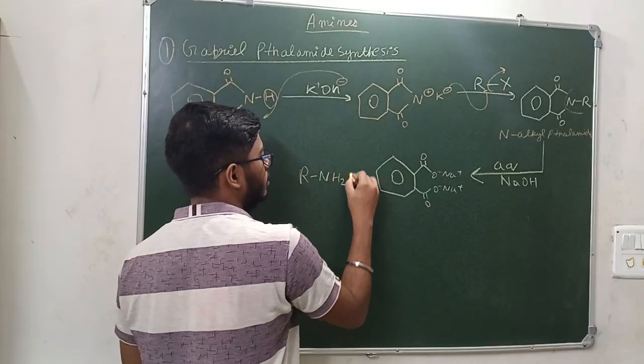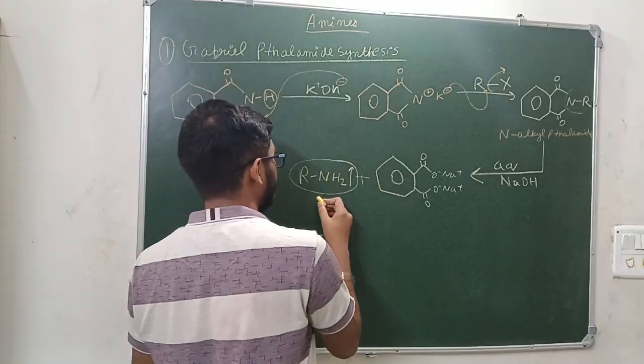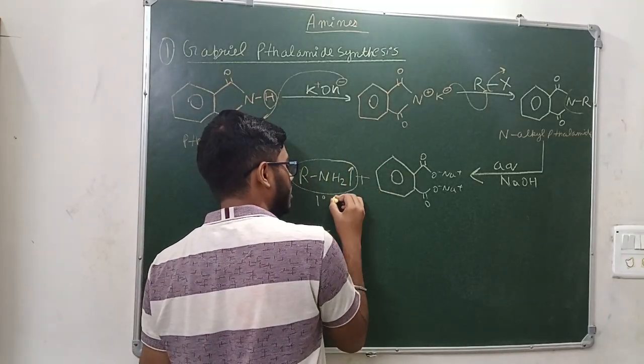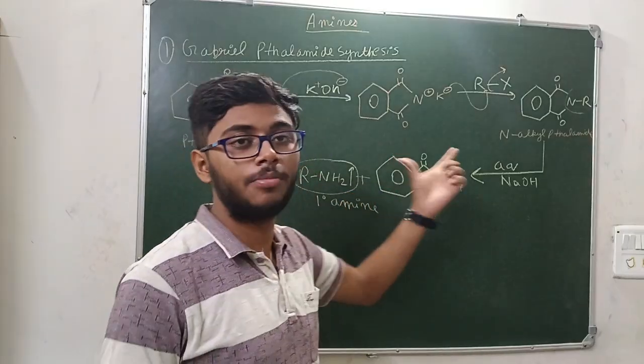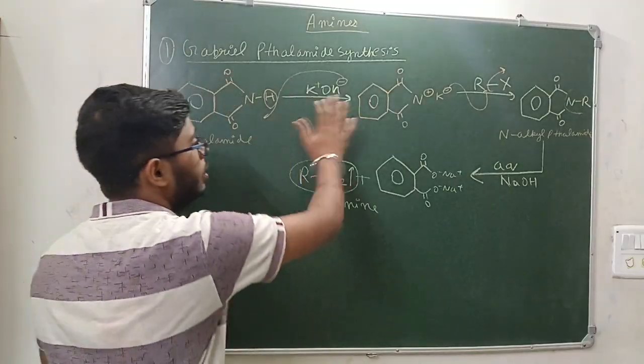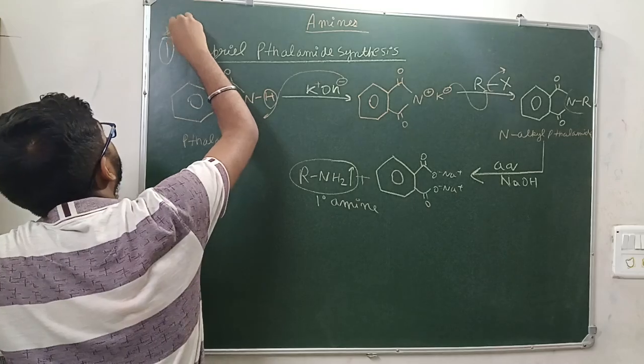The two hydrogens will be left out as the byproduct. So this will make 1 degree amine. This is also known as the preparation of 1 degree amine. Okay, so you can note down this reaction. This is a very important reaction. It is generally asked in the CBSE boards.